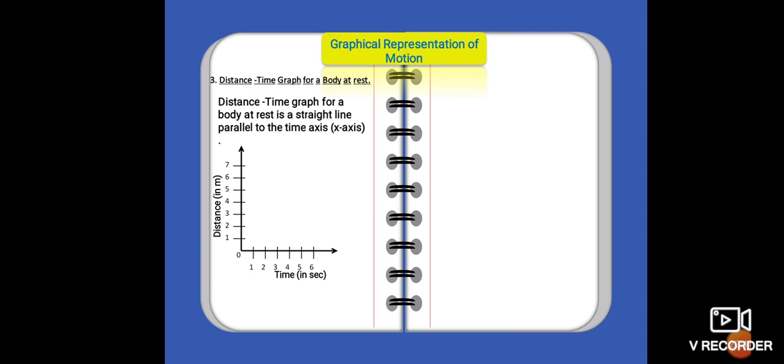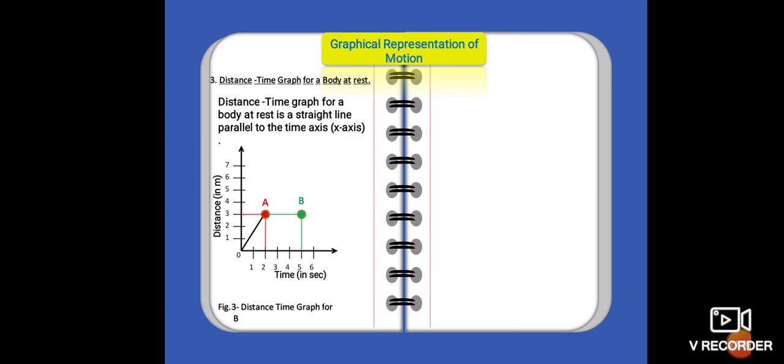That means the line which gives us for a body at rest is parallel to the horizontal axis. ऐसी बॉडी का जो हमें लाइन सेगमेंट मिलेगा वो हॉरिजॉन्टल एक्सिस से पैरेलल होगा.